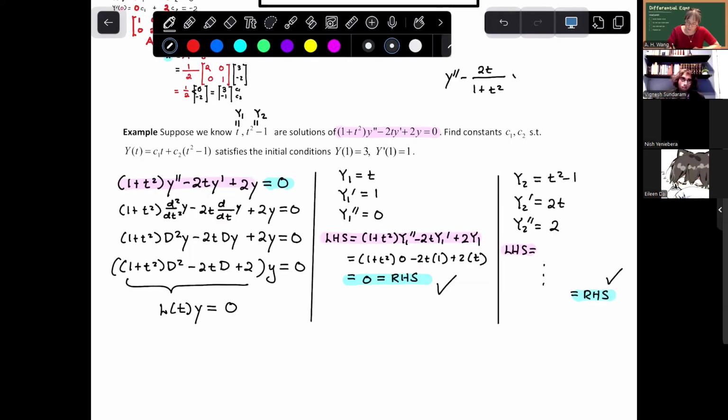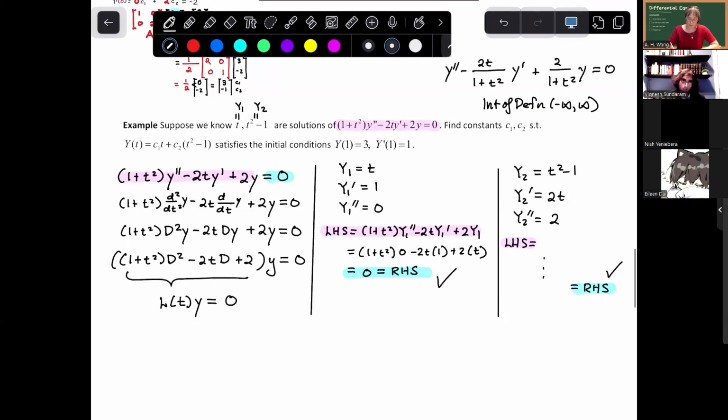Okay, so if you're going to check for interval of definition, you're going to look at this. Is there going to be any problem anywhere? No. So the interval of definition is still going to be minus infinity to infinity.